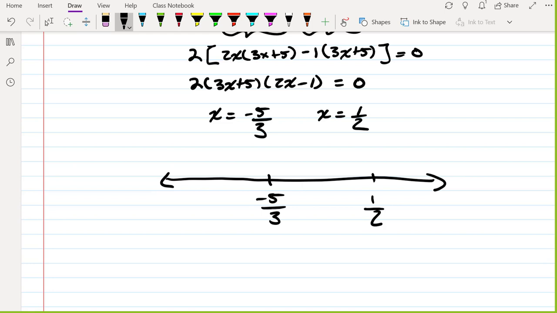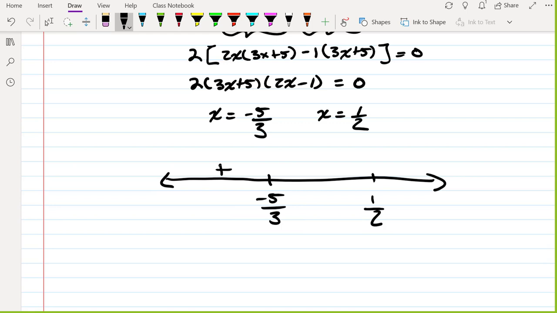So if we test something less than negative 5/3, like negative 2, we could just put it in our calculator or just do it right here. 3 times negative 2 is negative 6. Negative 6 plus 5 is negative 1, so this first factor is going to be negative. And if we plug a negative 2 in here, 2 times negative 2 is negative 4. Take away 1 is negative 5. So a negative times a negative gives us a positive.